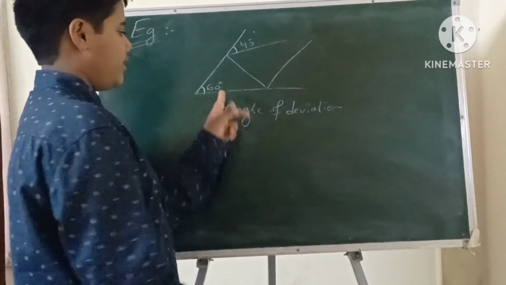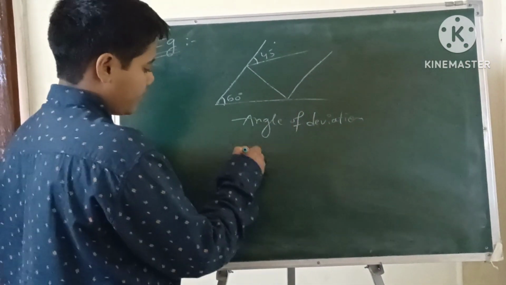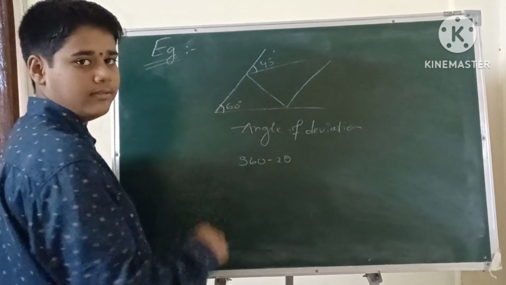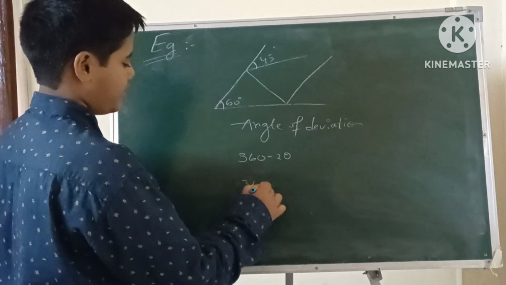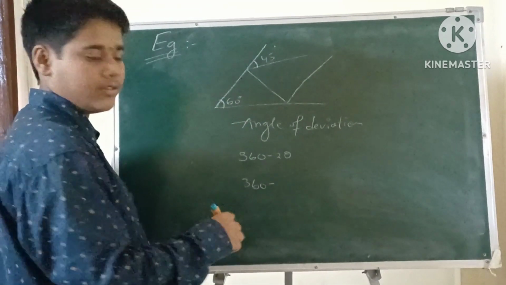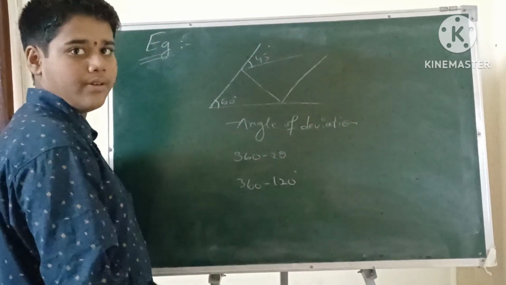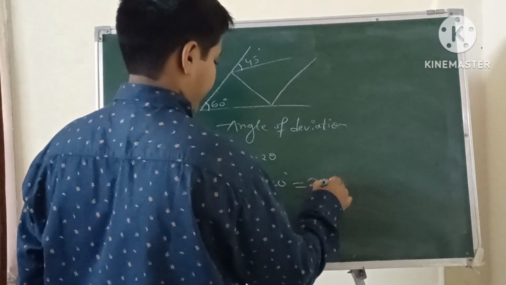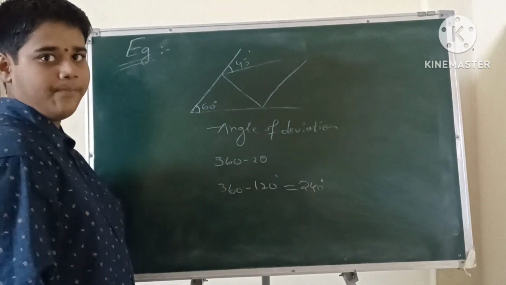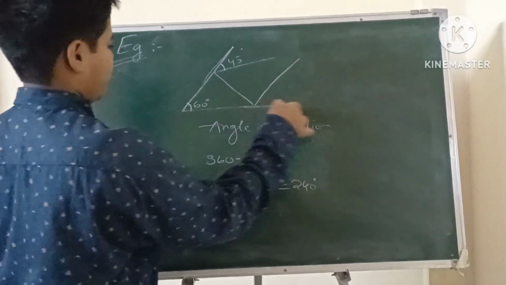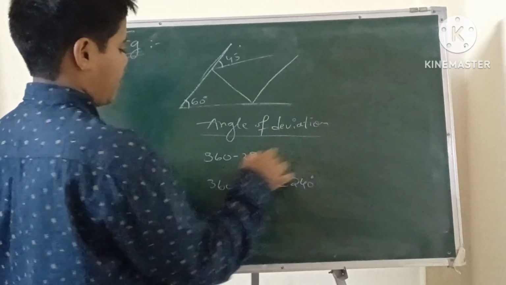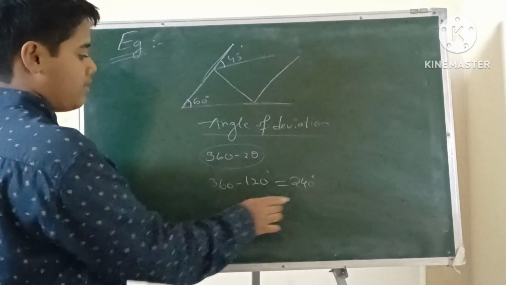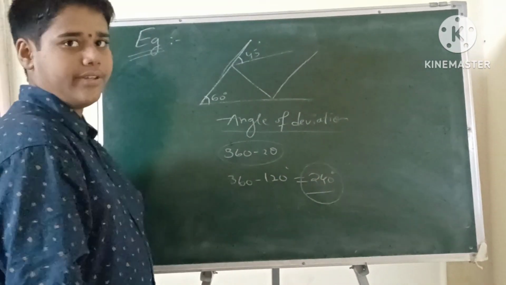Okay, so in this angle of deviation formula is 360 minus 2 theta. Here theta refers to this angle. Okay, so here 360 minus 2 into 60, 120. Okay, so here angle of deviation is 360 minus 120, 240. Okay, so in this they gave two plane mirrors, so angle of deviation formula is 360 minus 2 theta. So we use the formula for getting the answer. So 240 is the angle of deviation.